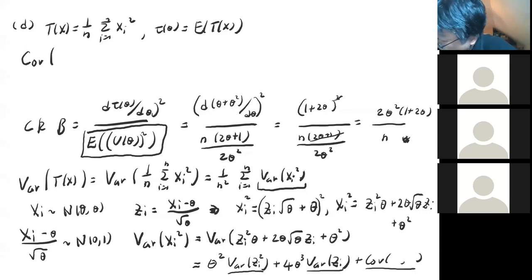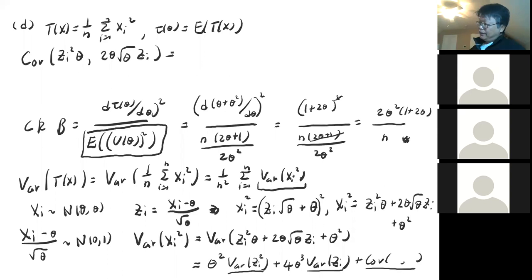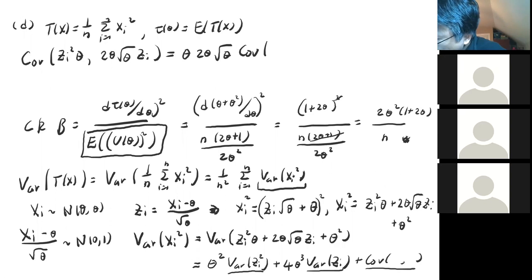So the covariance right here, to be specific, is between Zi squared theta and 2 theta square root of theta Zi, right? In terms of covariance, you take every theta out. That means 2 theta square root of theta, times the covariance between Zi squared and Zi.